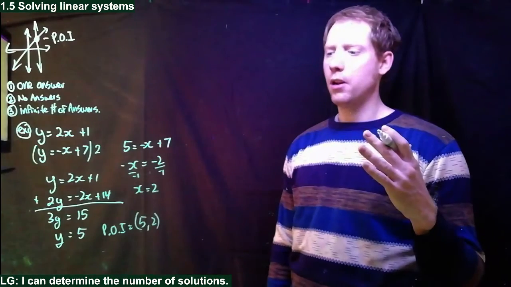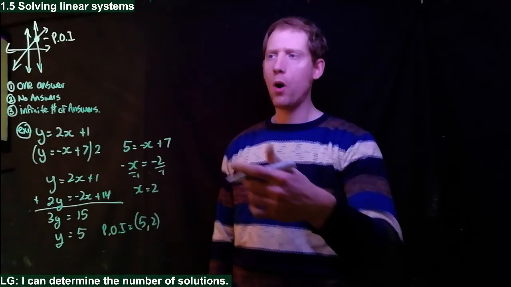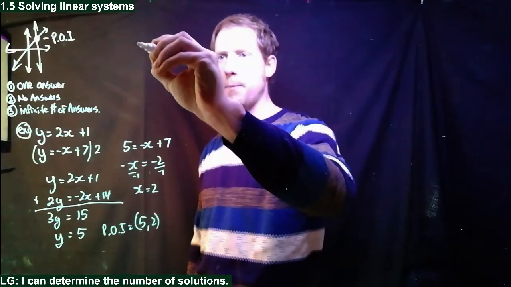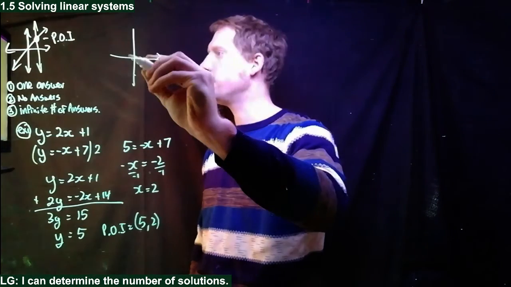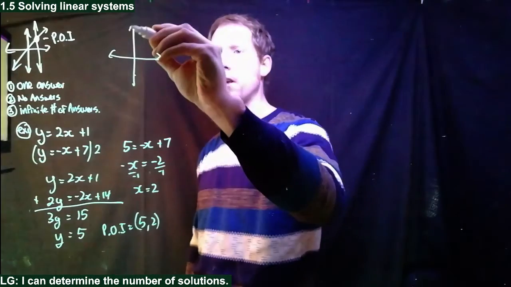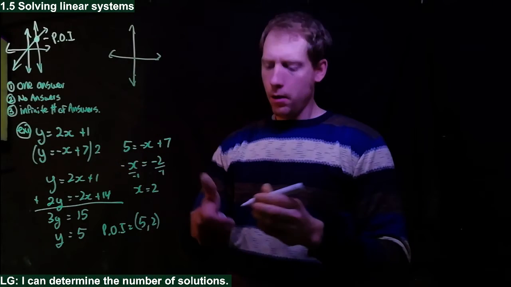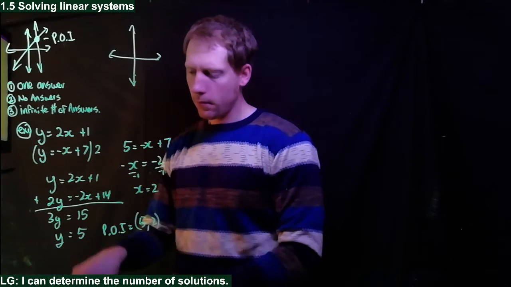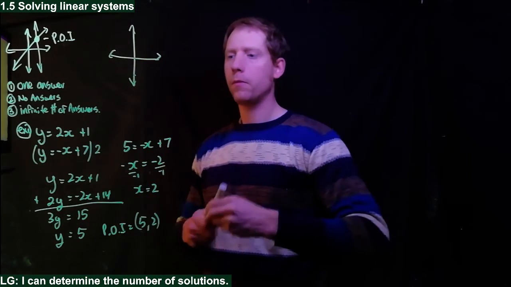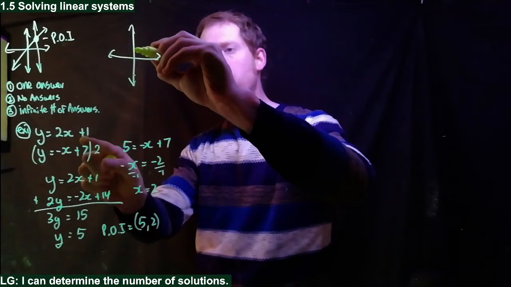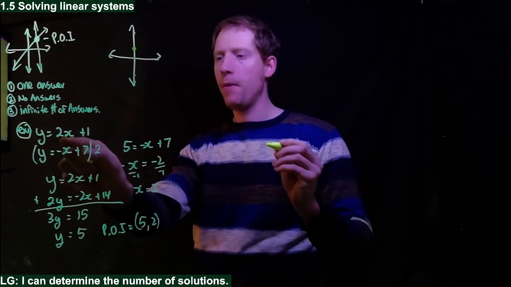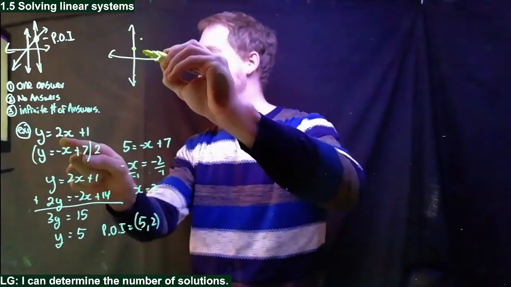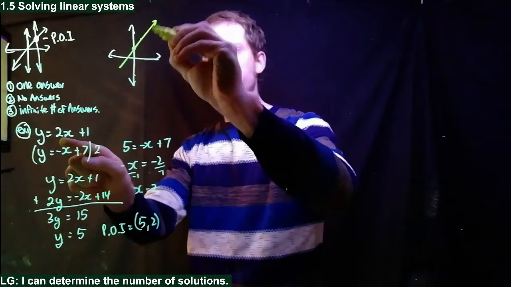You could solve this using math, or you could actually use a graph. My graph for example number 1, if I were to graph it out: my y-intercept is 1, and my slope is 2. That means you go up 2 and over 1. So my first line looks like this.